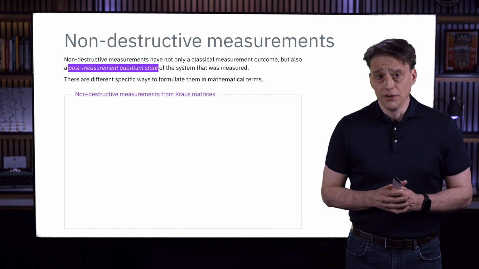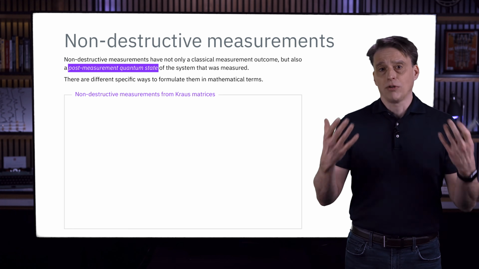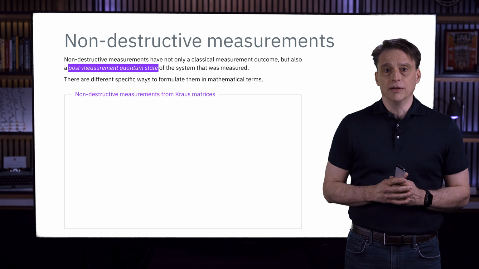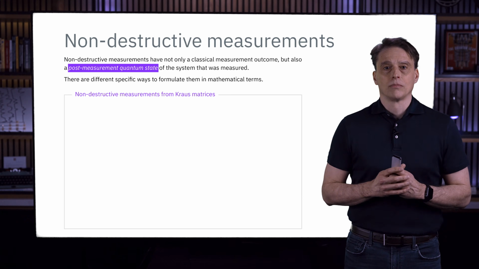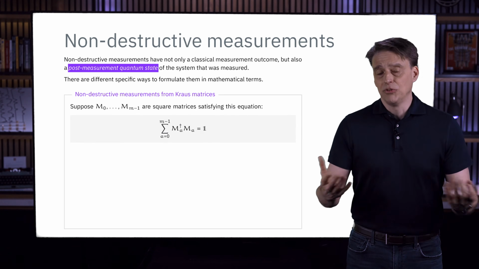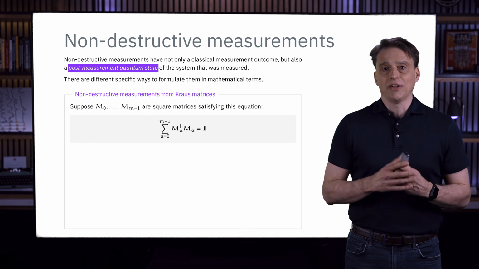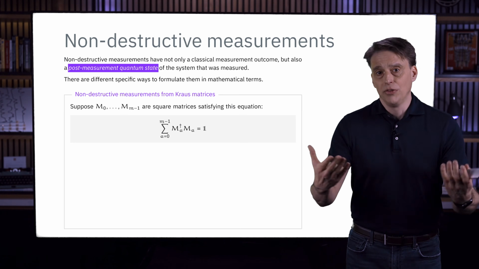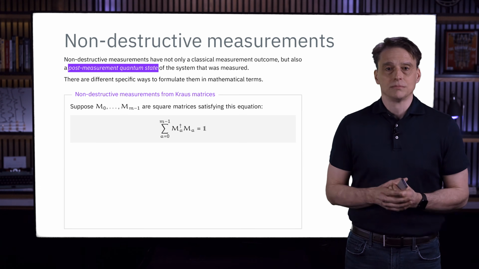Another way to formulate non-destructive measurements, which is more general, is in terms of Kraus matrices of channels. And this is the definition of measurements you'll find in the well-known textbook of Nielsen and Chuang, for instance. Suppose that M_0 through M_{m-1} are square matrices that satisfy the equation that's shown on the screen, which is to say that we could think about these matrices as being Kraus matrices that describe a channel.